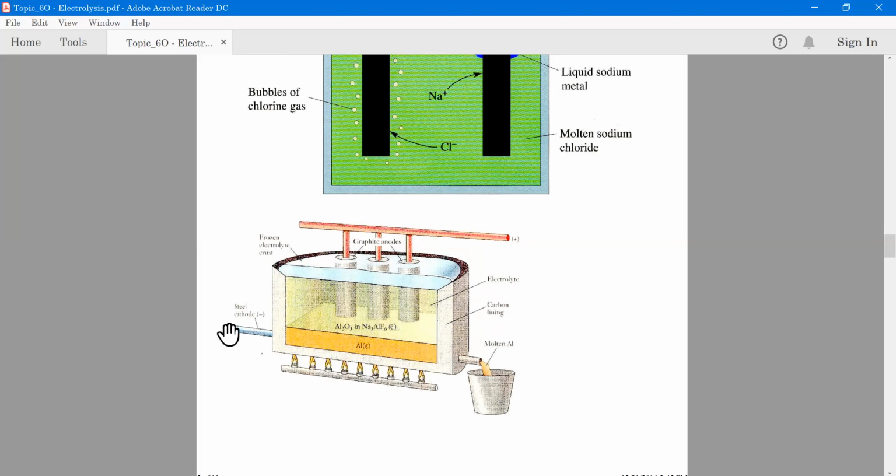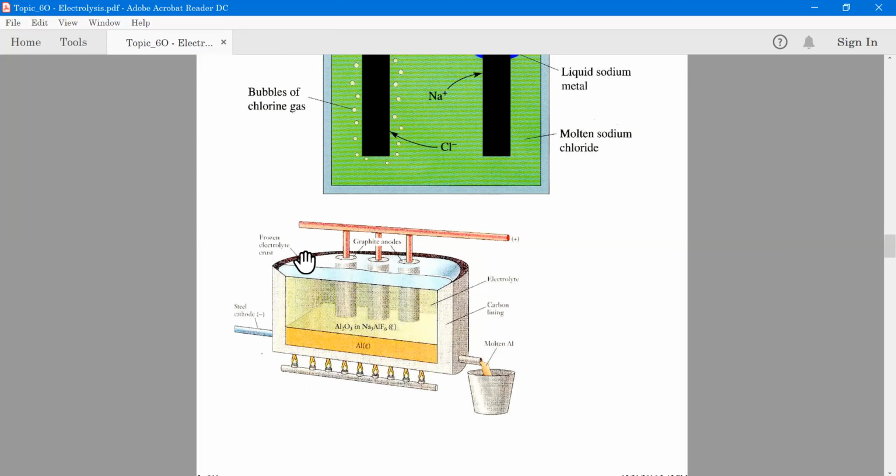And so the electricity that's applied to the electrolysis process is applied across these 2 steel conductors, the cathode here and the anode here. The reason this is referred to as a frozen electrolyte crust is because this stuff is one salt dissolved in another salt, which occurs, if the temperature is high enough, at just about 1,000 degrees.